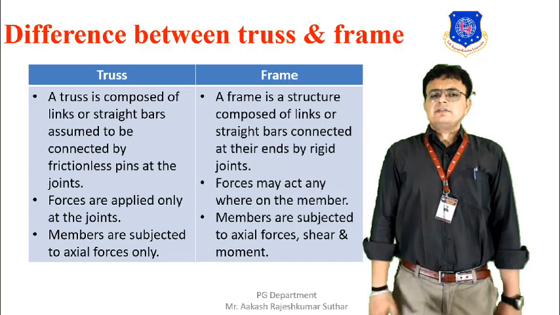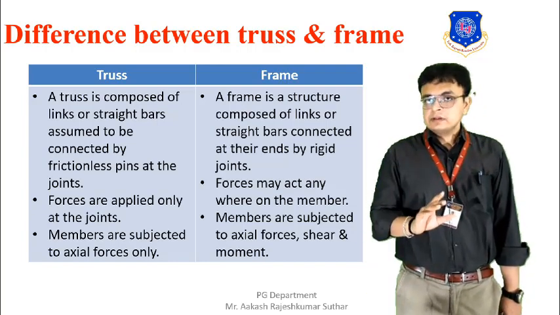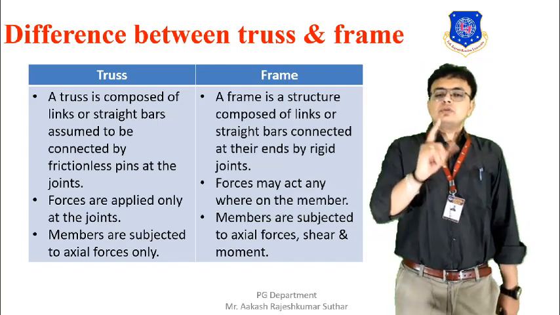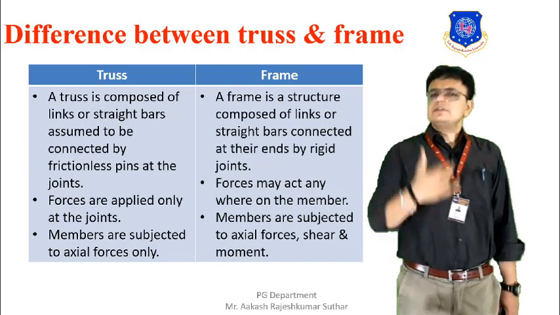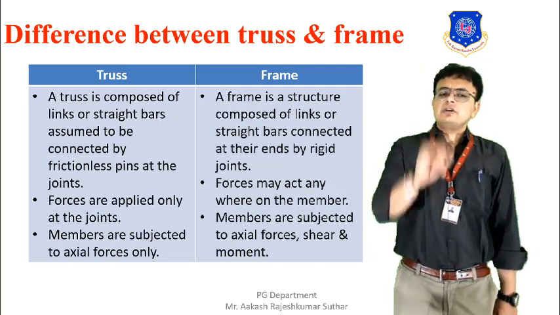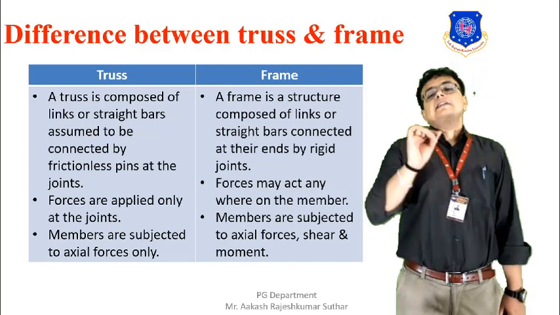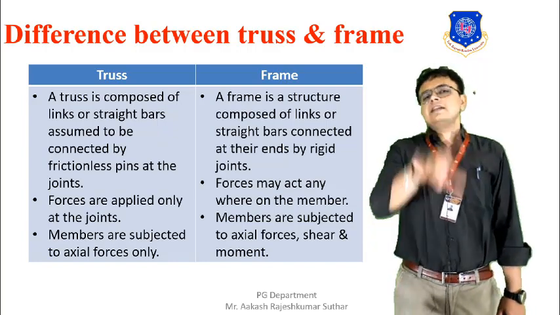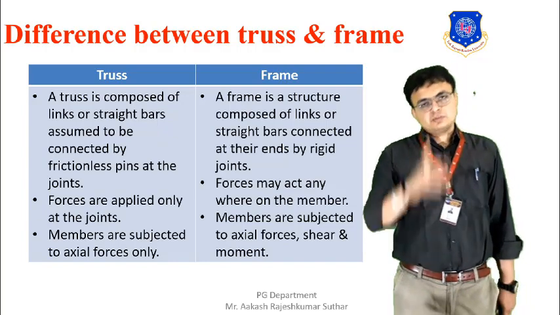Moving toward the next difference, in a truss the forces are applied at the joints only. But in a frame, the forces may act at any point, at any section, and because of this, moments also occur. Members in the truss are subjected to axial force only because the loads act at the joints only, so either tensile or compressive force acts in the truss members.